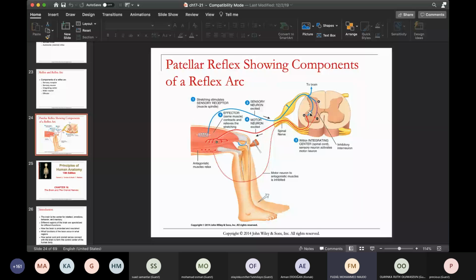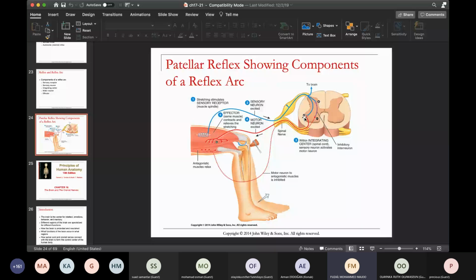That information then goes to the motor neuron, and the motor neuron goes to the effector, causing these muscles to contract. When these muscles contract, you kick your leg outwards. That's essentially a reflex arc.